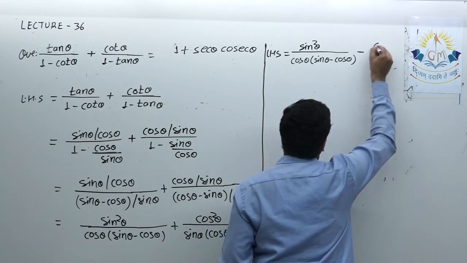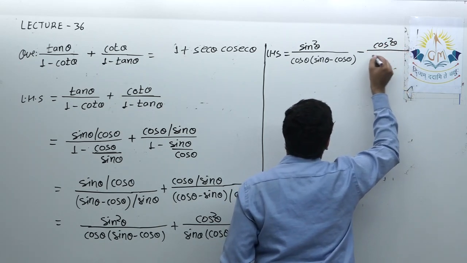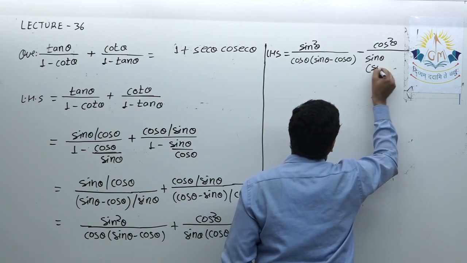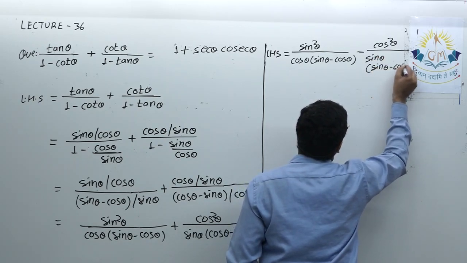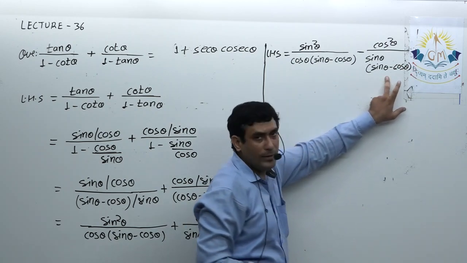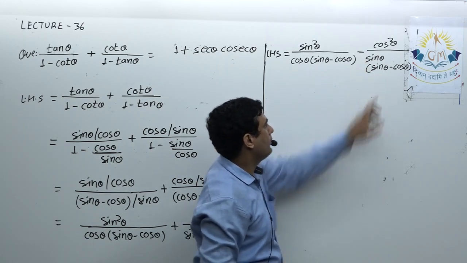So here I write cos square theta upon sin theta multiplied by sin theta minus cos theta. Here it was cos minus sin, I took minus sin common, so here it becomes sin minus cos.